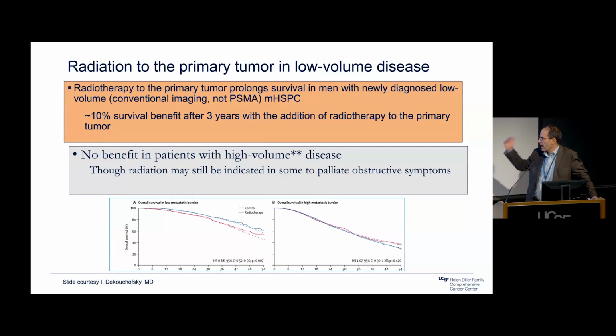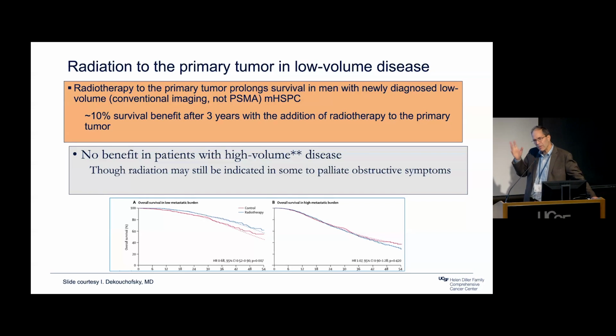I'm not sure you could drive a Mack truck between those lines, but you could drive a Chevette or a Prius. There is a difference, and the difference translates to about 10% difference in survival at 3 years, which is not nothing.